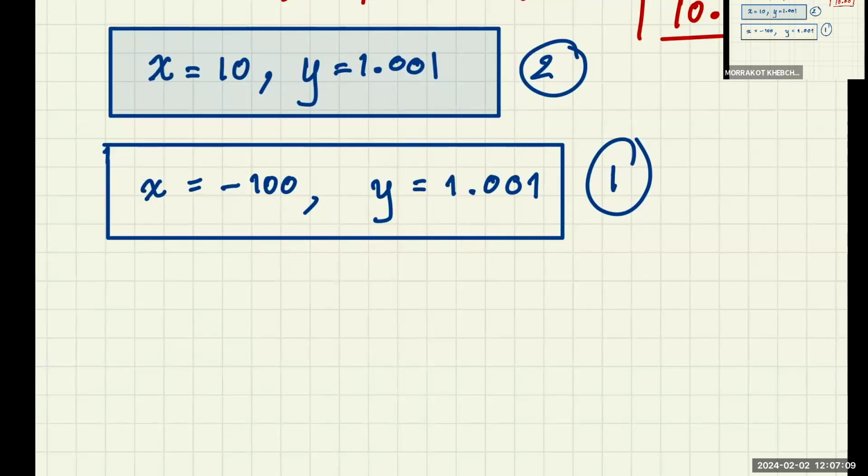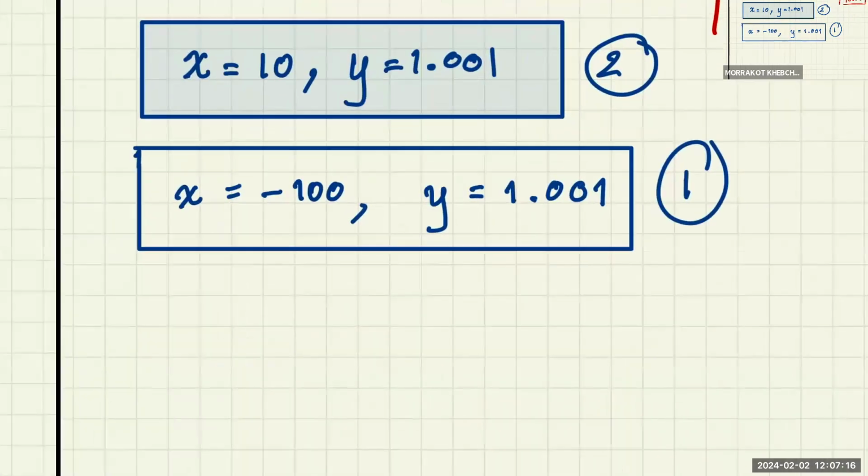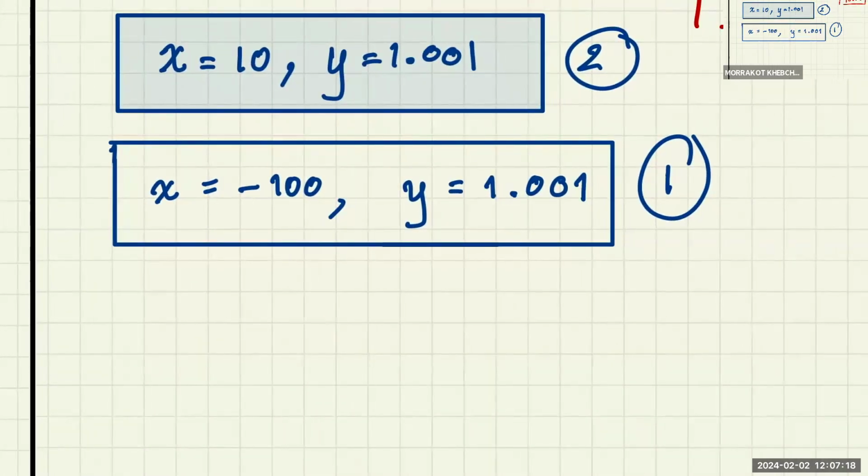I constructed the problem from, suppose that I know that x is 10, y is 1.01. Okay. I multiply that and give it the right hand side. So the exact solution or the real solution is x is 10, y is 1.01.